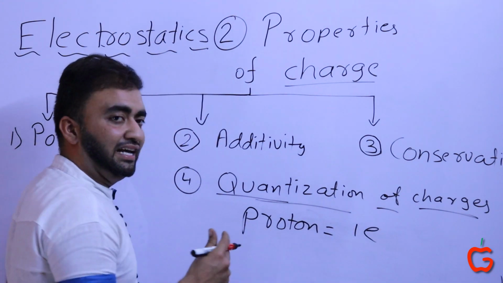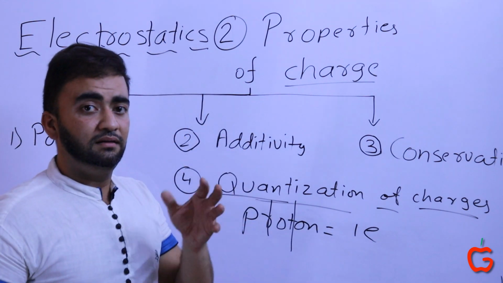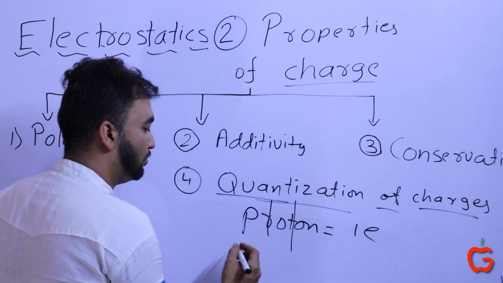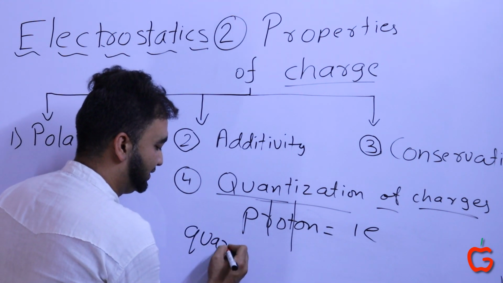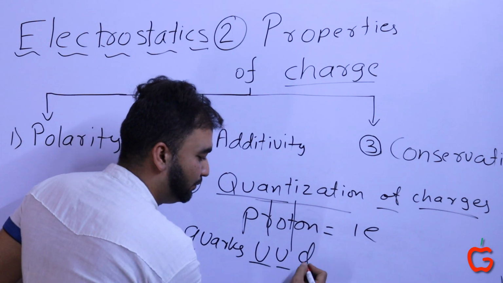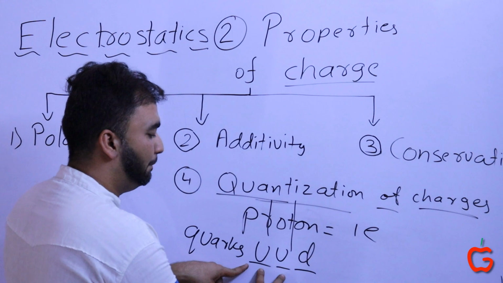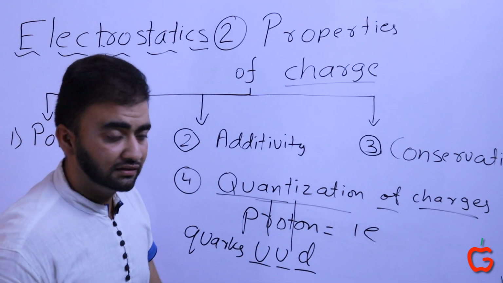But it has been found that a proton is further made up of smaller particles called quarks. So particularly a proton is made up of 3 quarks, 2 up quarks and a down quark.